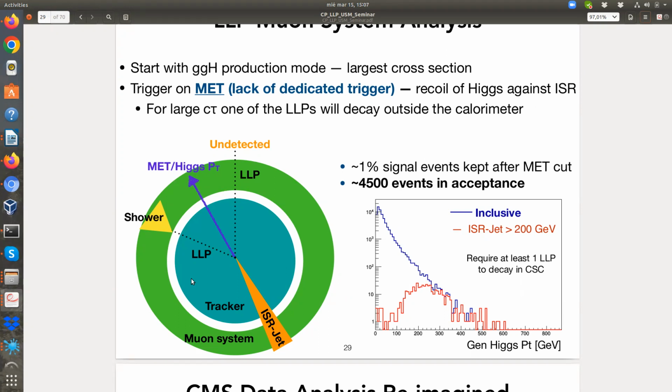But at the end of the day, you pay a big hit, as you see here, right? But still 1% of the signal, and if you crank down the numbers of the Higgs cross section and the luminosity, you end up with about 5,000 events with the data that was collected, and that's plenty to do an analysis. So let's see what we can do with it.